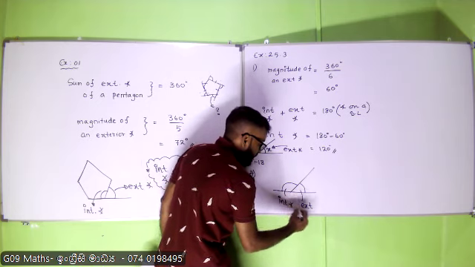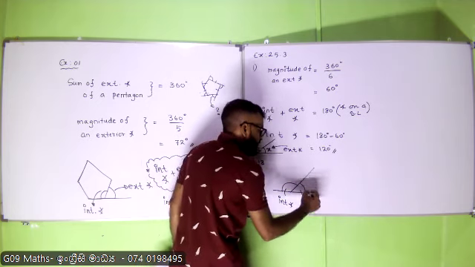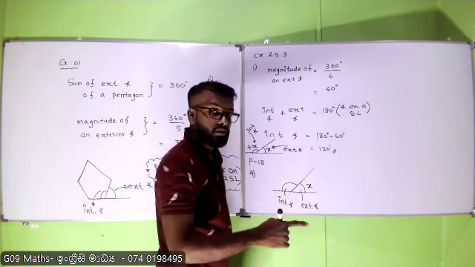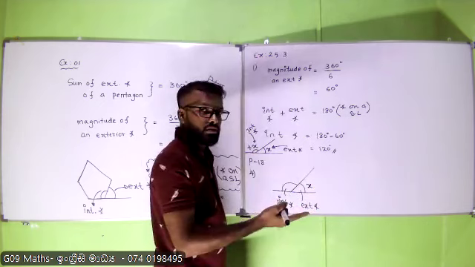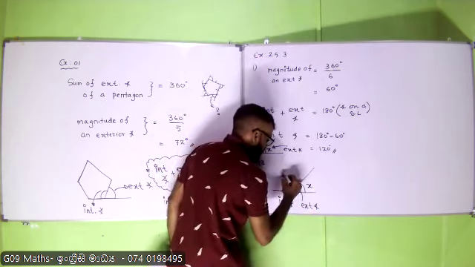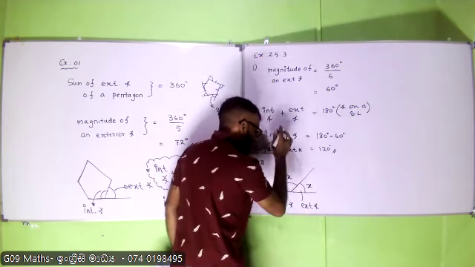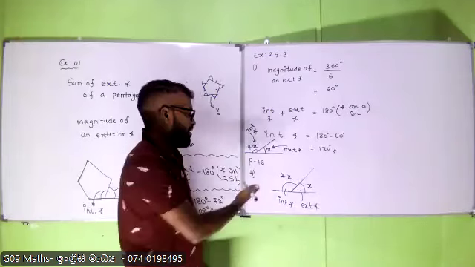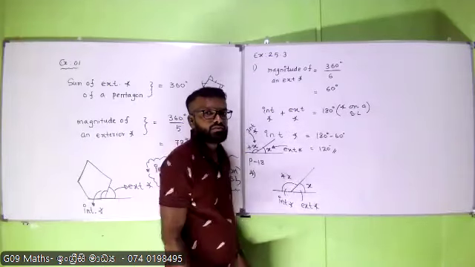If I take the magnitude of the exterior angle as x, the question says the interior angle is 4 times the exterior angle, so this becomes 4x. And this is it. Now the question is over.